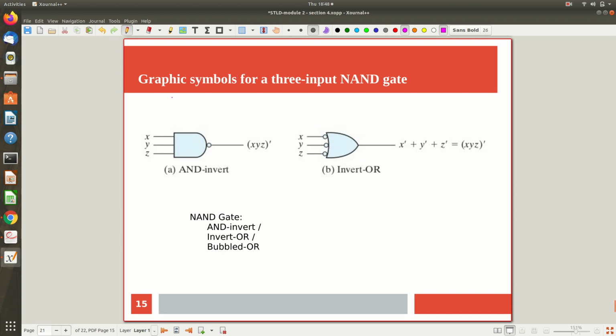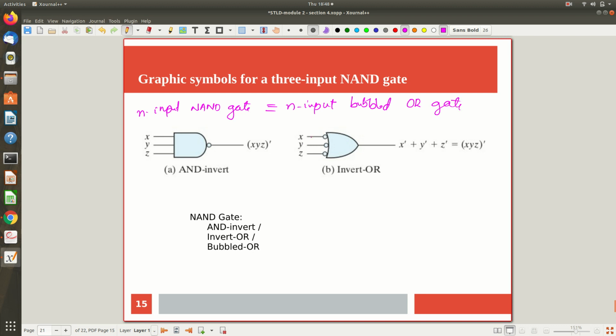So this is a NAND gate, right? This is a 3 input NAND gate in general, and n input NAND gate is equivalent to the same n input, it can be 1 input, 2 input, whatever it is, to some n input bubbled OR gate.